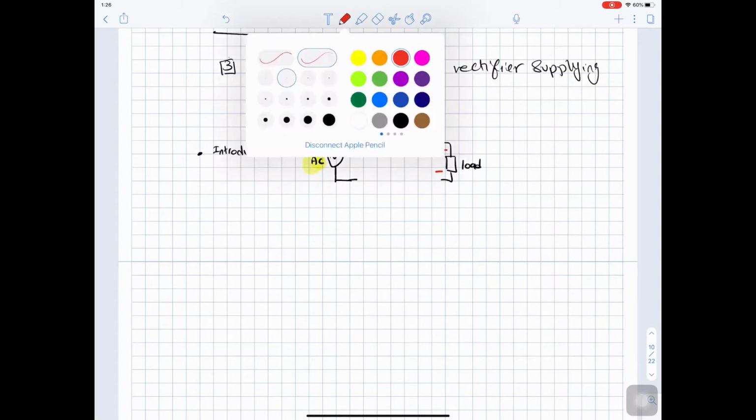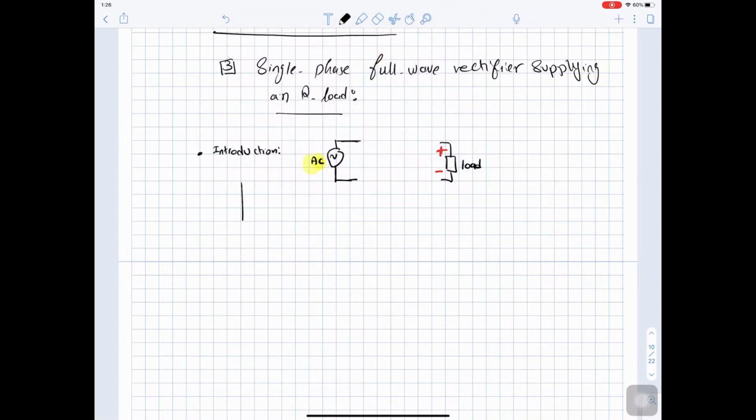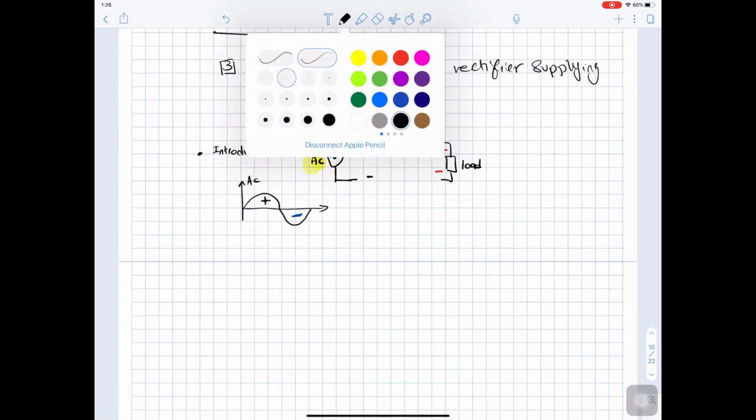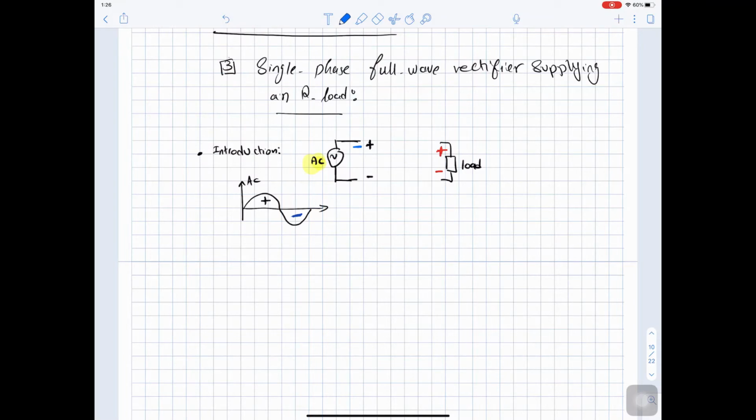So the AC source has two periods. It is positive or negative. So when the source is positive, it means this is positive and here is negative. And when the source is negative, we have here negative and here positive.